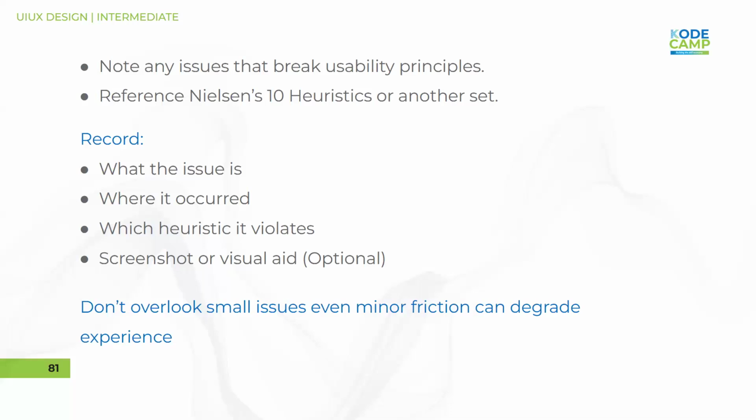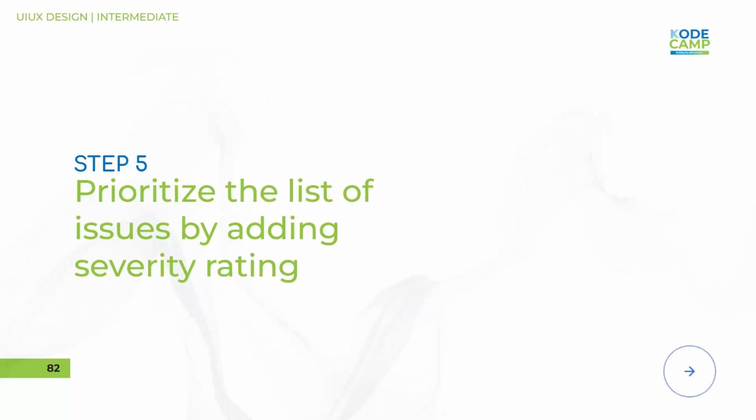Okay, so don't overlook small issues. Even minor frictions can affect great experiences. Small things can spoil your design. You may make a mistake in one thing or the other, and it is going to affect the entire process. All right, step 5 is to prioritize the list of issues by adding a severity rating.